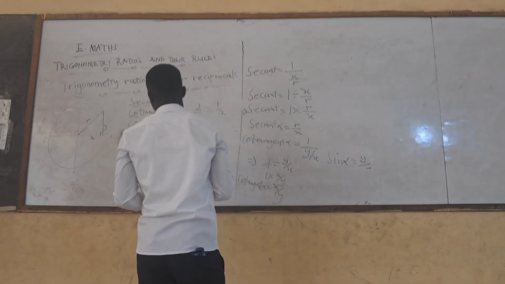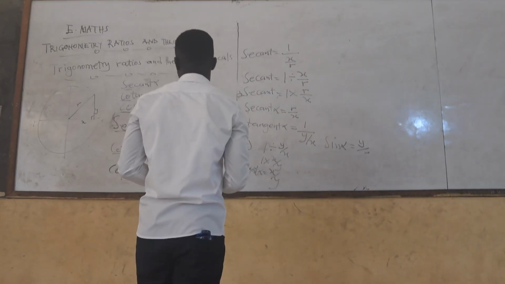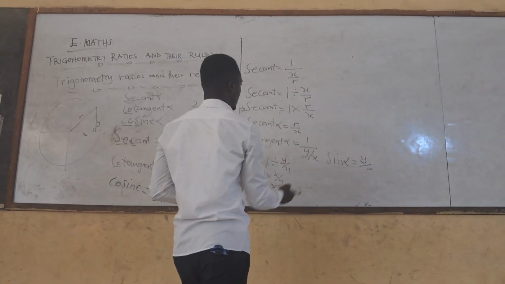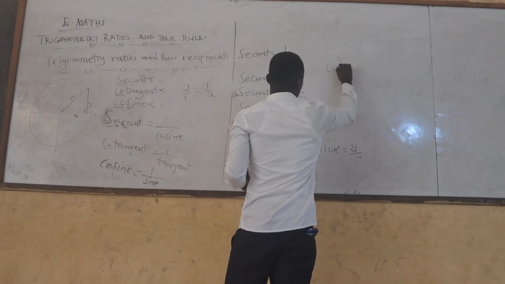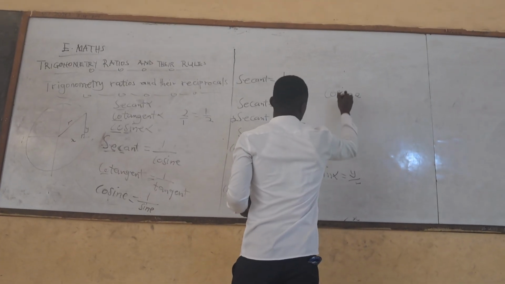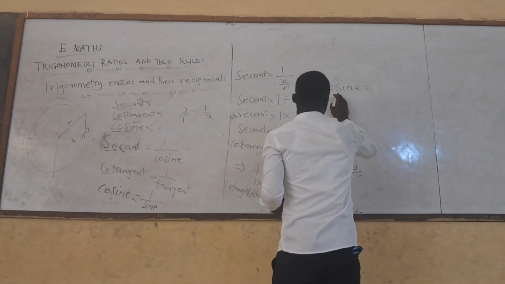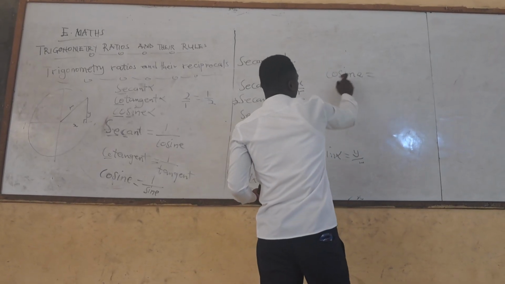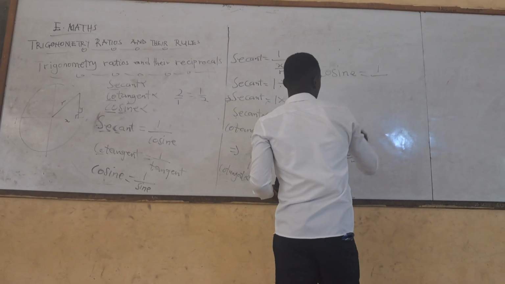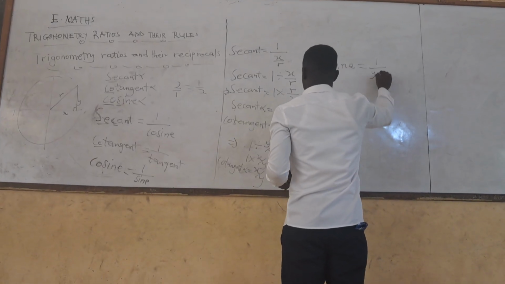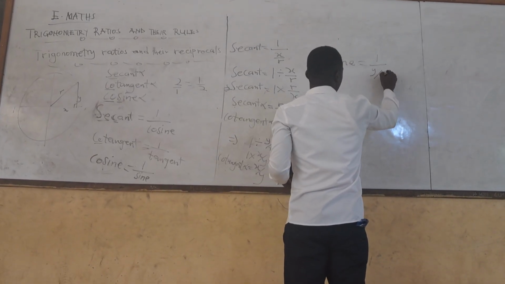Which is cosecant. So cosecant, as we said, is a reciprocal of what? Sine. So this is 1 over sine. So the sine ratio is y over r.